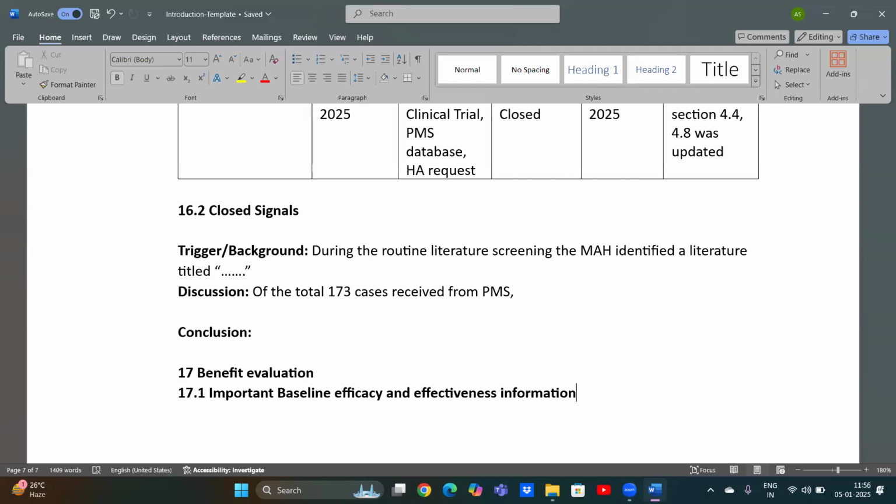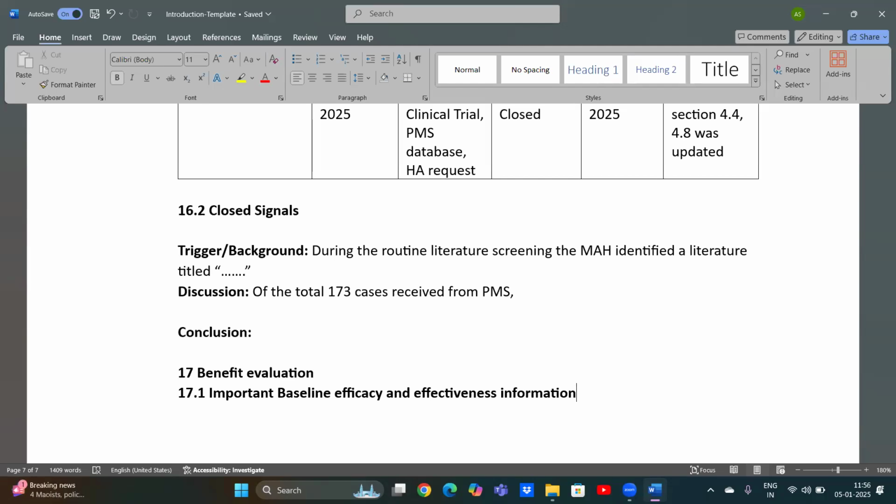Efficacy is how effective the product is in a certain indication, and it is related to clinical trials.